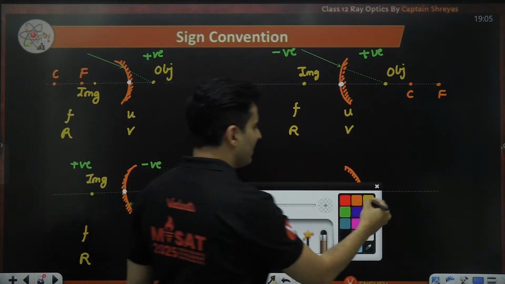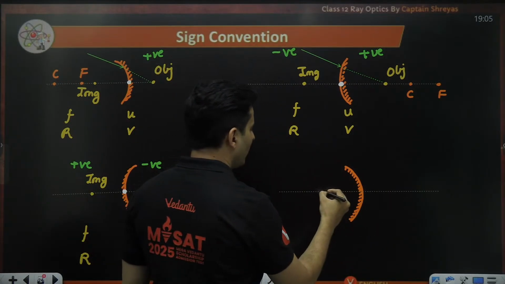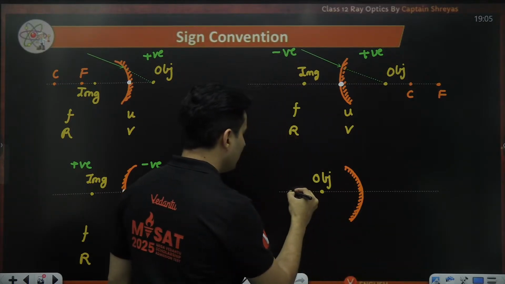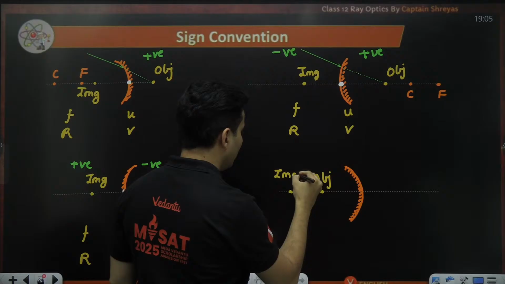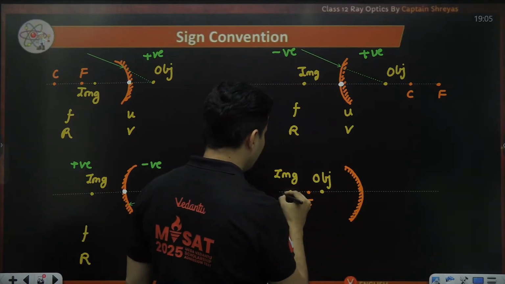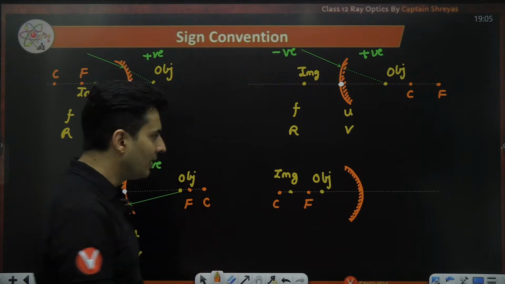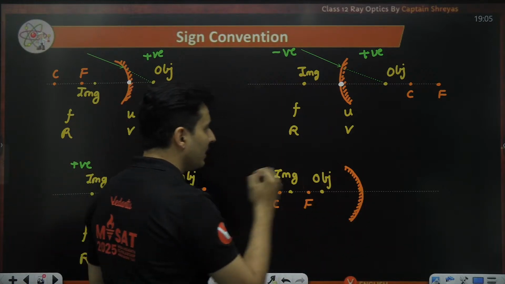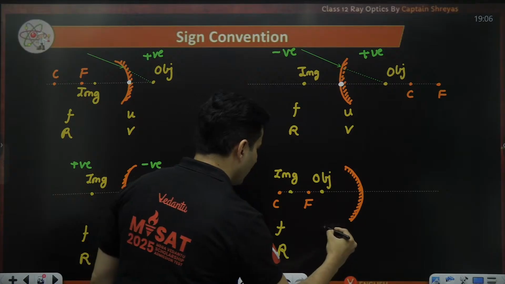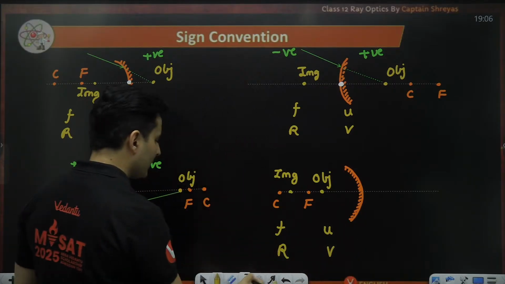And let me give you one more example of that. Imagine our object is over here and maybe the image is formed over here. Maybe I'm putting the focal length here, the center of curvature here. This is a convex mirror again. And again, I'm interested in focal length, radius, object distance and image distance.